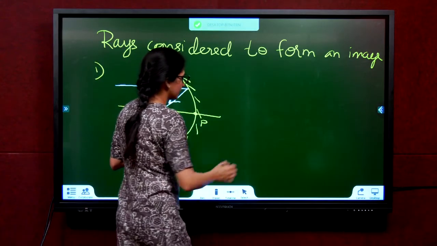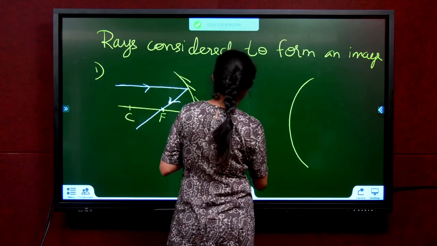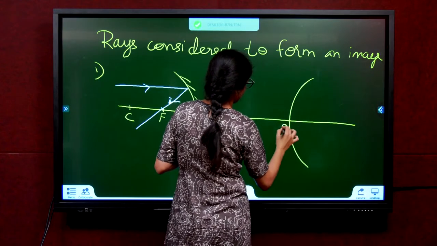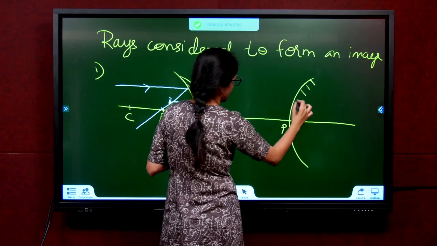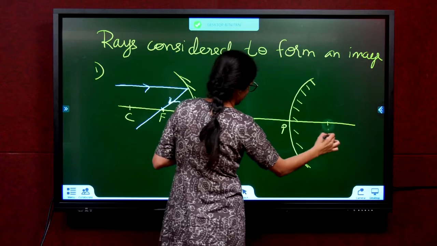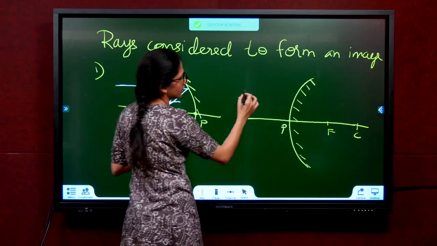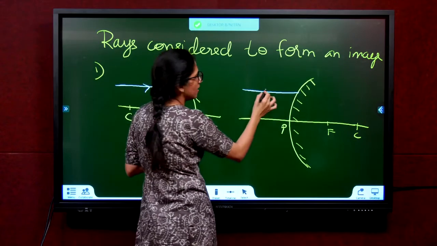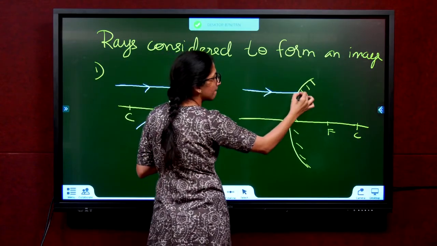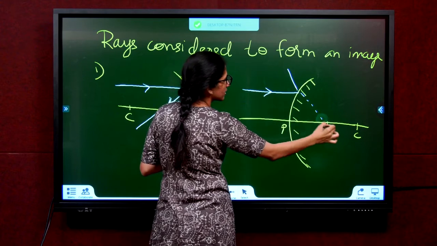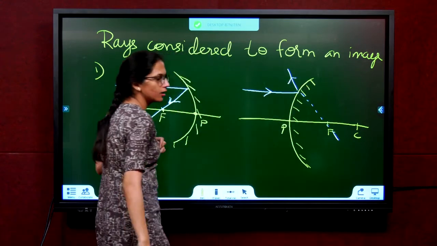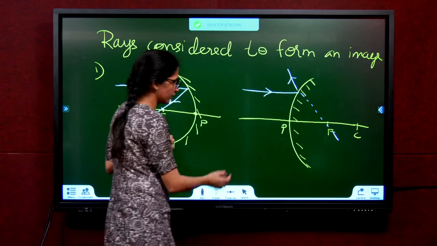In the case of a convex mirror, with the pole, F and C, the ray is going parallel. After reflection, it will appear to pass through the focus. How do we draw this?